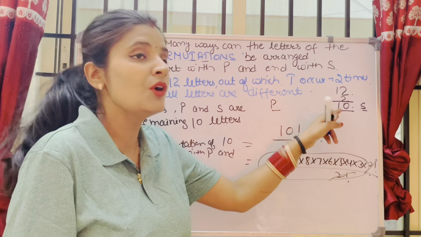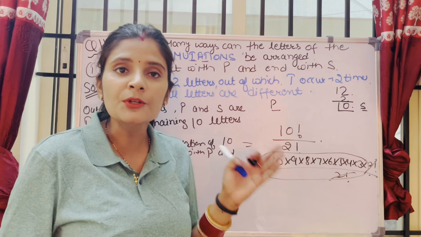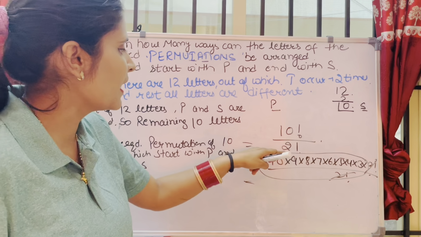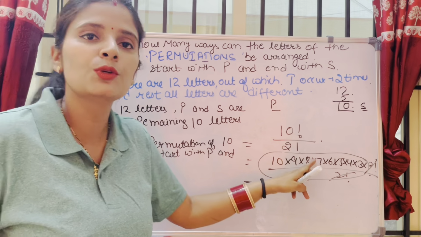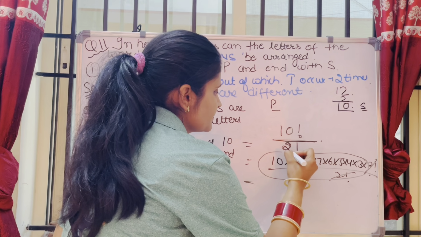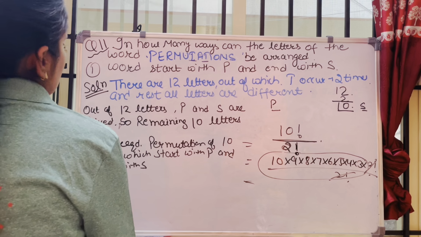Now we have to arrange these 10 letters. We have to find the permutations of 10 letters. So 10 factorial upon 2 factorial, T comes 2 times. That's why we write it here. So this is our first condition.